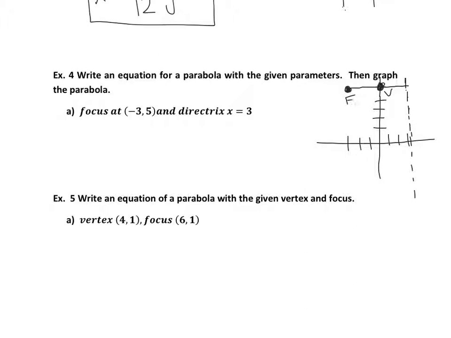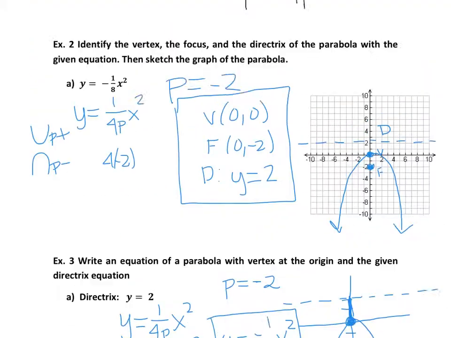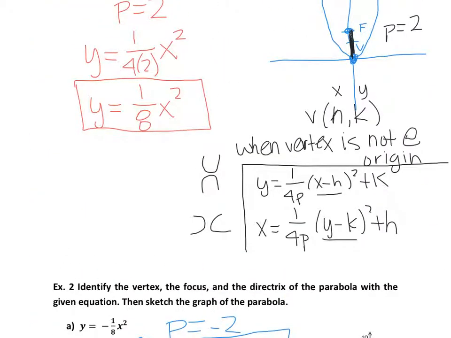This is my focus. So that means the graph looks something like this. Okay, so first off, this is where the other equation comes into play, where we're going to end up using the one with the vertex. So just take a note. These are the ones that we're going to start using.